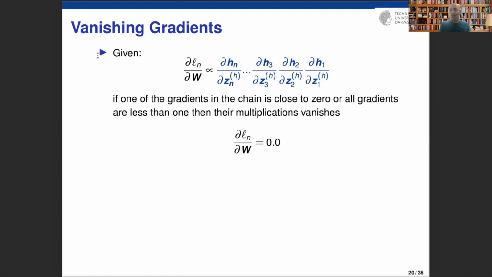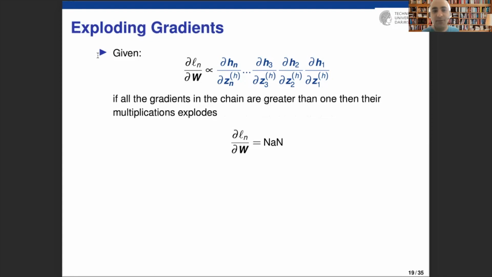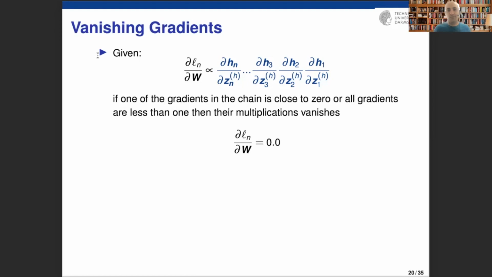So you will not update the model at all, right? So the norm would be 0. And if you explode, then you have exploding gradients. And if the value of the gradients is close to 0, then you have vanishing gradients.